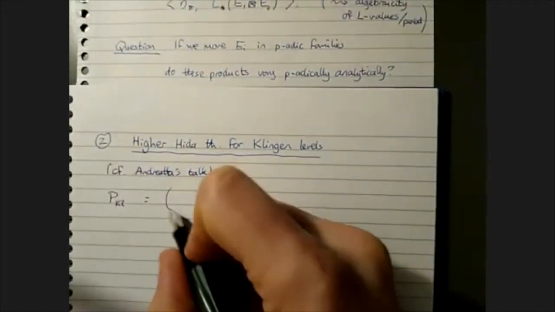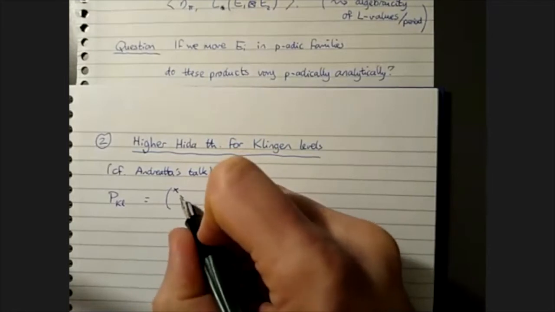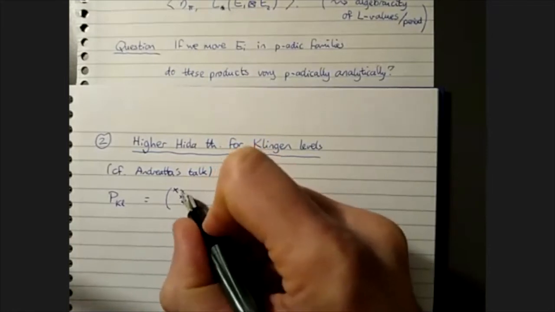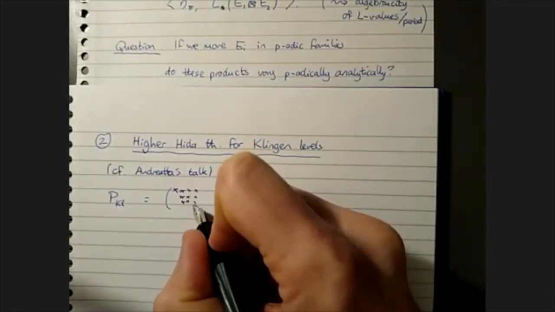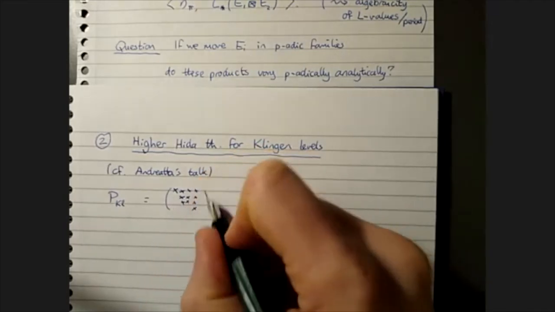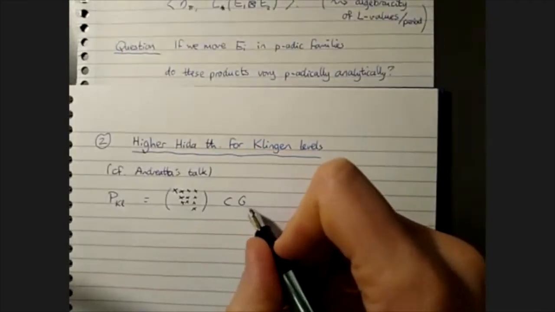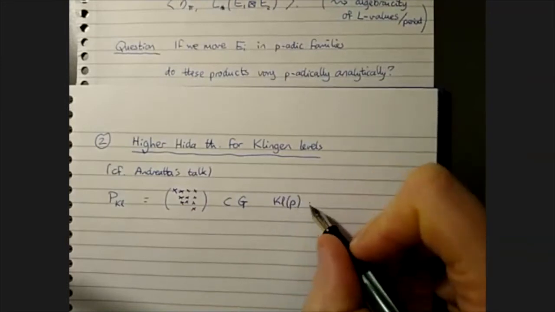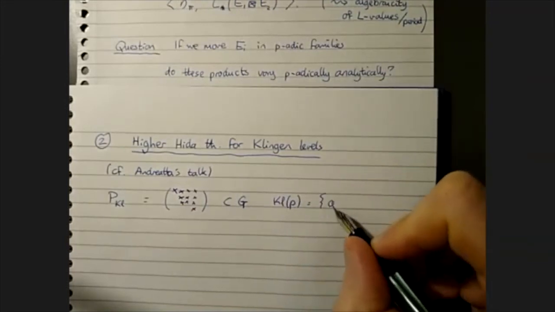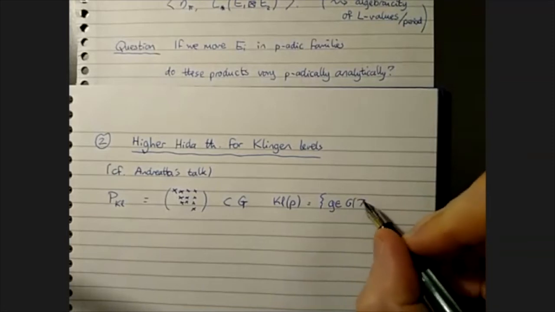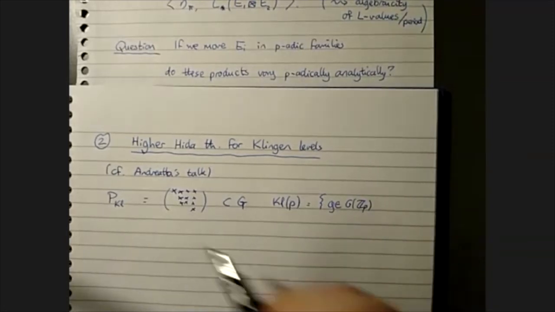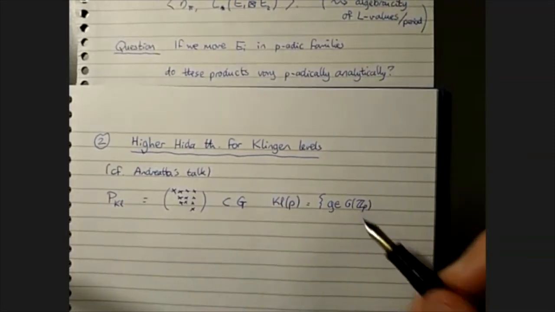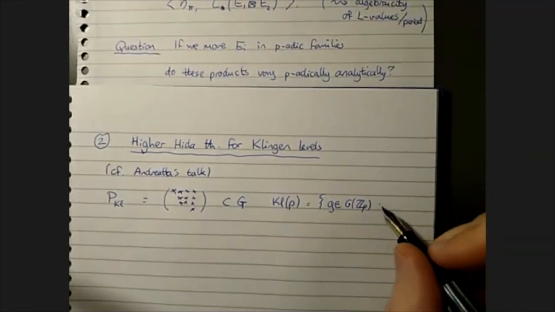So I'm going to take the Klingen parabolic, which is the things in my group that look like this, and all the rest are zeros. So I have the parabolic subgroup, the algebraic group, and the associated parahoric subgroup.